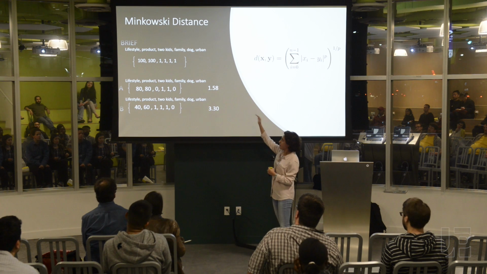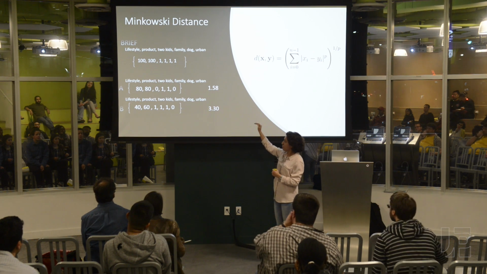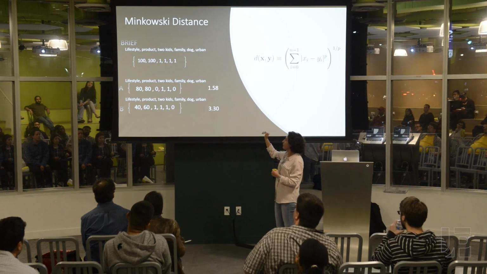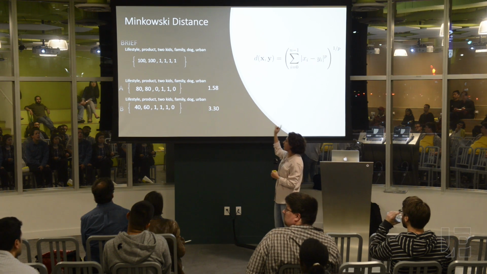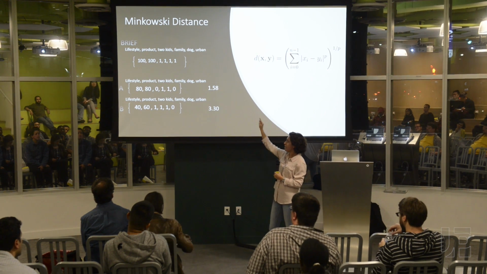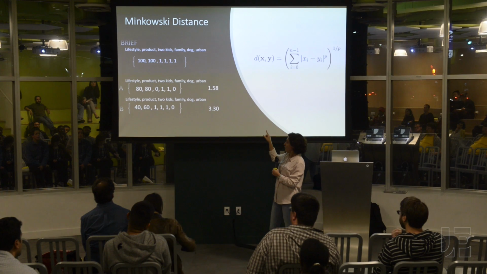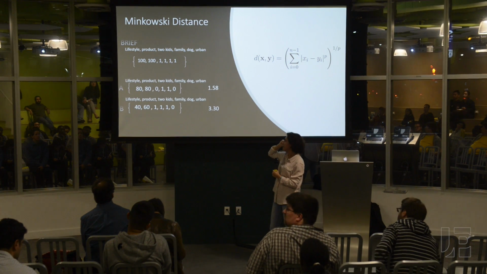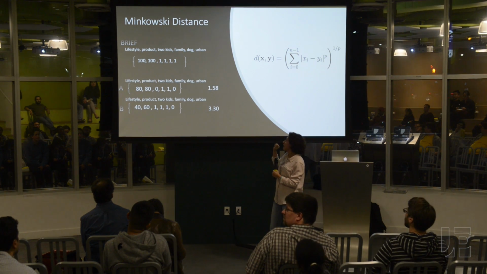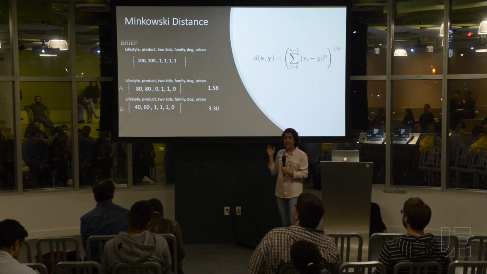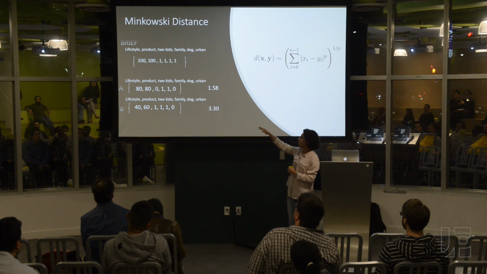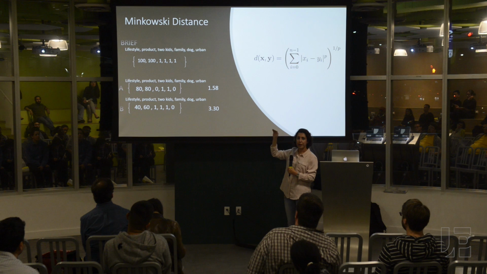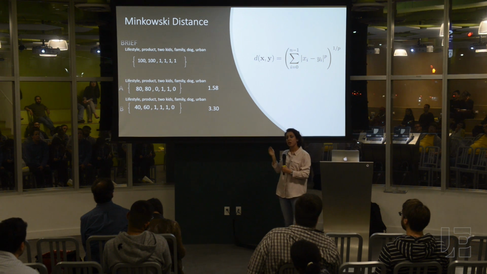So now we have the brief vector, and the contributor A and contributor B vectors. If we calculate the Minkowski distance between A and the brief, it will be 1.5. If we calculate it between B and the brief, it will be 3.3. In this case, because the distance between A and the brief is smaller than the other one, contributor A is a better pick.